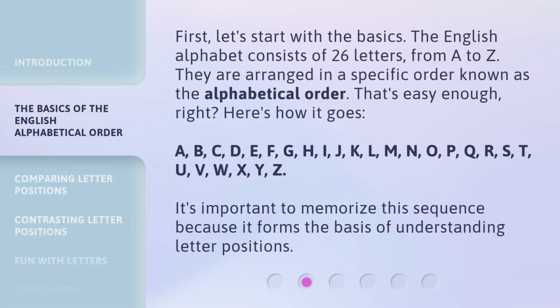First, let's start with the basics. The English alphabet consists of 26 letters. From A to Z, they are arranged in a specific order known as the alphabetical order. That's easy enough, right?